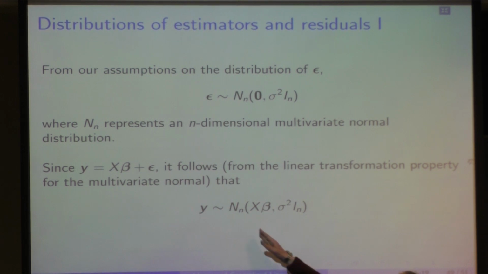It's again an n-dimensional multivariate normal distribution, with mean vectors X beta, with the underlying betas in the model, the coefficients, and the same sigma squared times the identity.